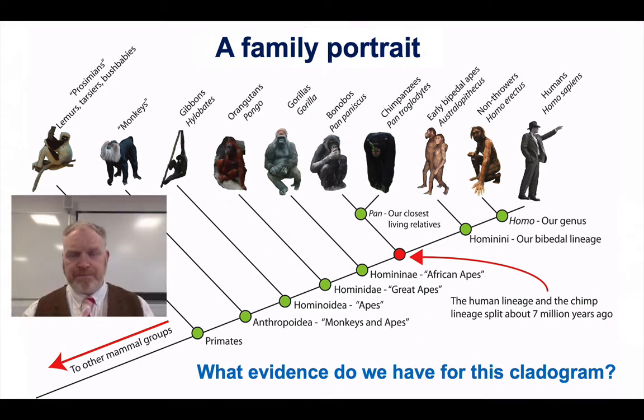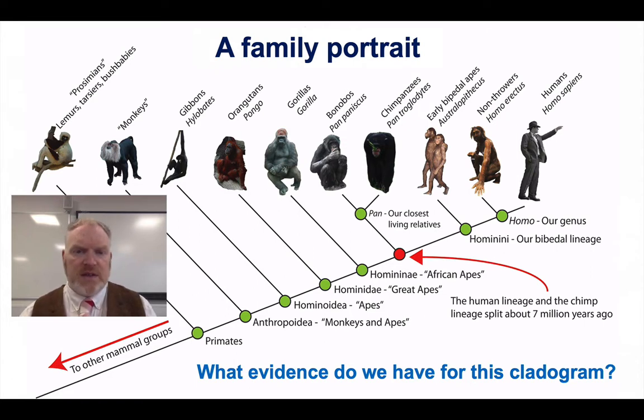Meet your family. This is where we've come from, where we see the separation of progressively closer relations to our own species. I want us to have a look at some of the evidence for this.